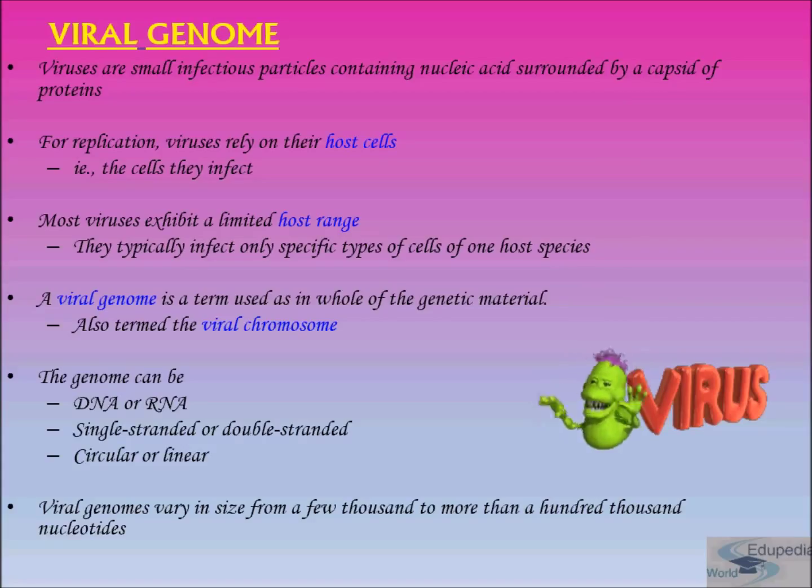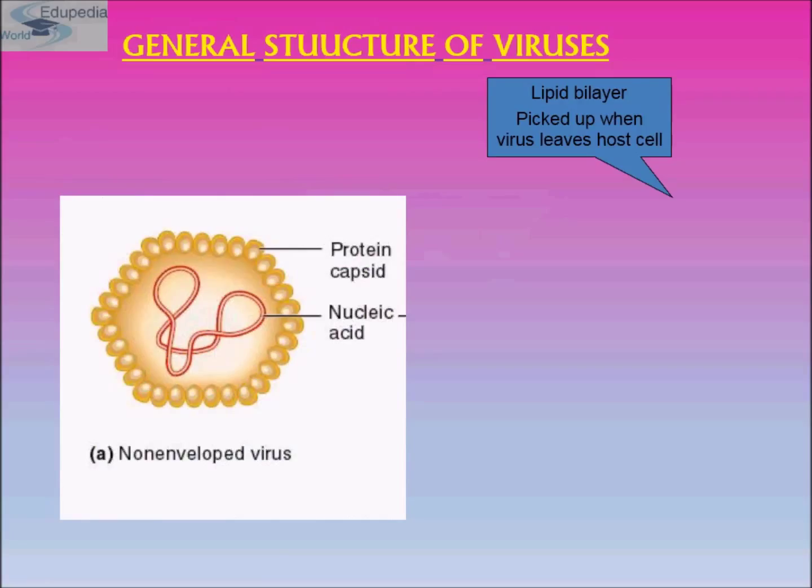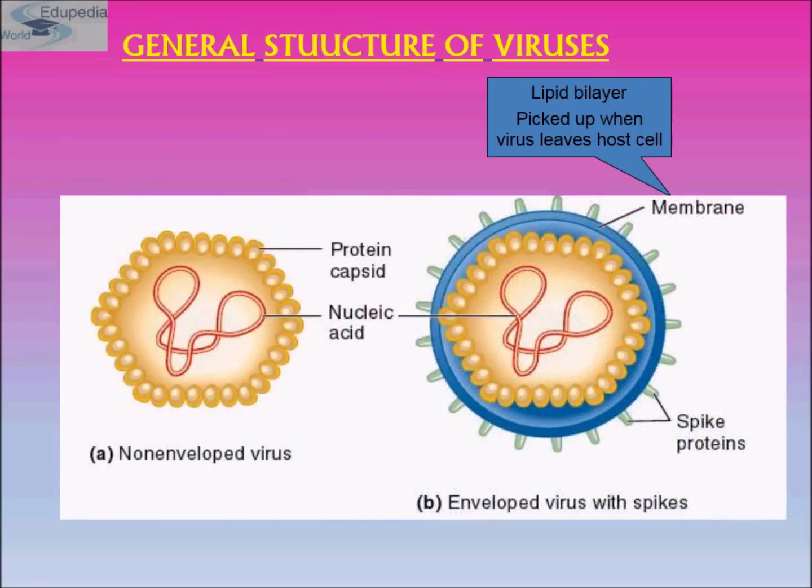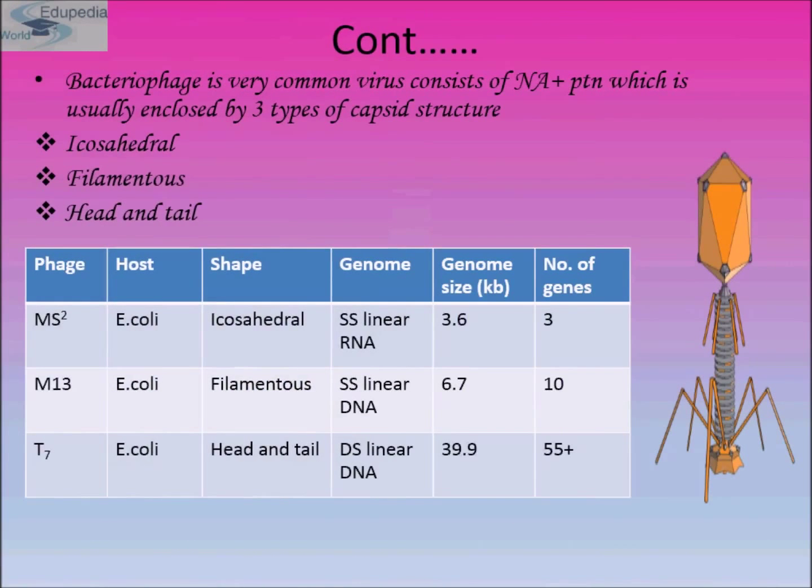Now come to the general structure of viruses. This is a non-enveloped virus, that means it does not have an envelope. This is an enveloped virus with spikes. A bacteriophage, a virus that attacks bacteria, is a very common virus.